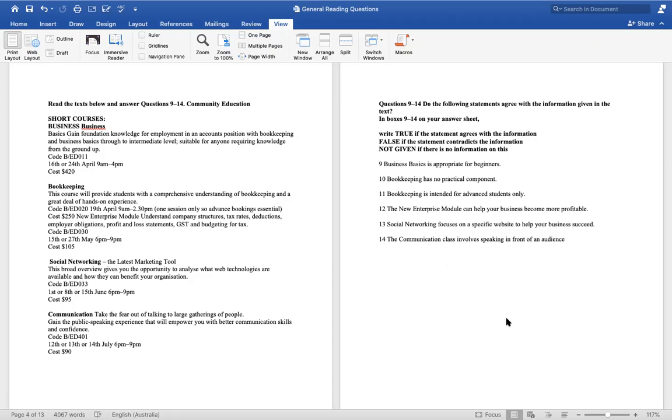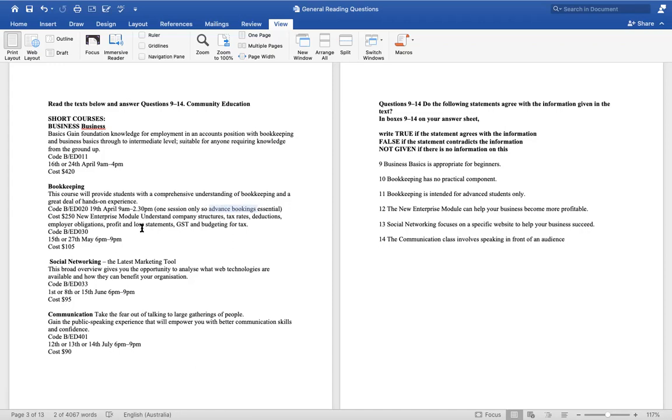Question 11, the answer is 11, right? It's 11. 11 is not given. So Sunny, you've written true, but the answer is not given, whereas Rajesh has got not given. It talks about advanced bookkeeping, but it doesn't talk about any levels.